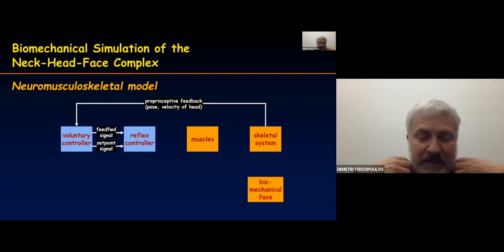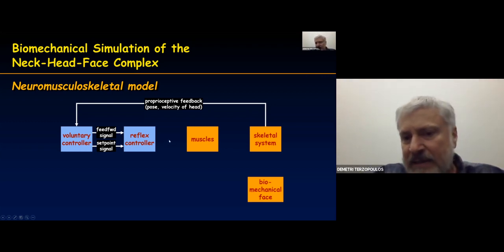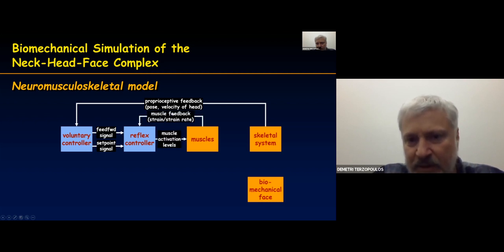My brain controls my muscles of the neck so I can rotate my head to look at something in front of me. So that's the voluntary part. And the reflex part is the part that sends the activation signals to the muscles. And there's a smaller strain rate feedback loop over here, but the reflex controller sends the muscle activations finally to accomplish what the voluntary controller wants to do.